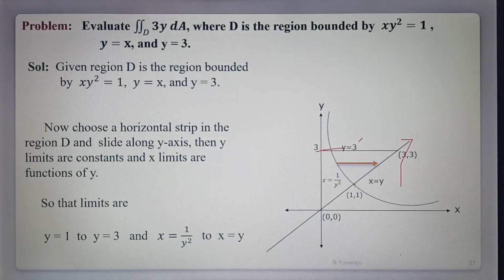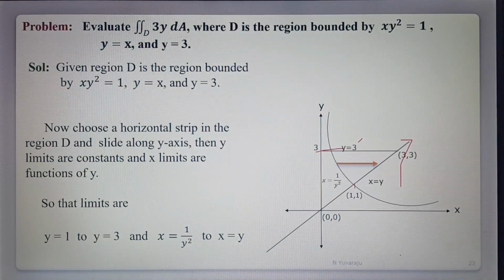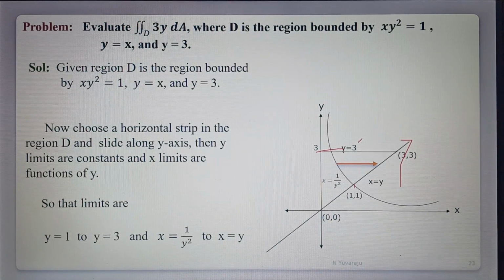So this curve x y square is equal to 1 meets the line x is equal to y at 1, 1, and this curve meets y is equal to 3 at some point; substituting y is equal to 3, that is equal to 1 by 9.